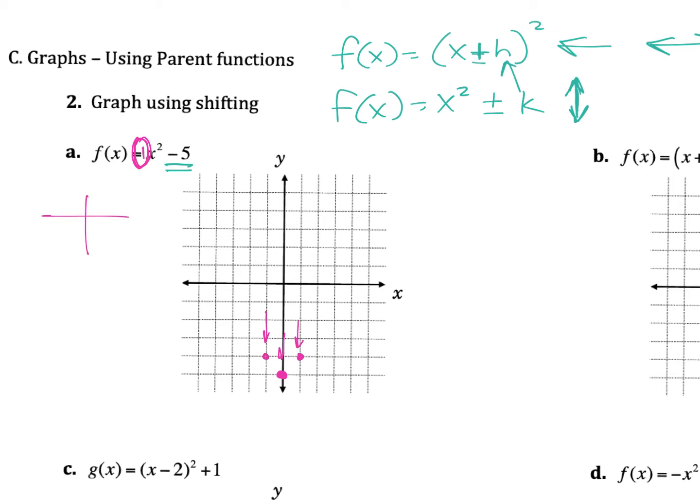So if you take your x and your f of x, if we plug in a 2, that's going to be 2 squared minus 5, which is what? -1. So 2, -1 is another point, and then you can just reflect that. Flip it over to the other side too, and this is the basic shape of our graph.